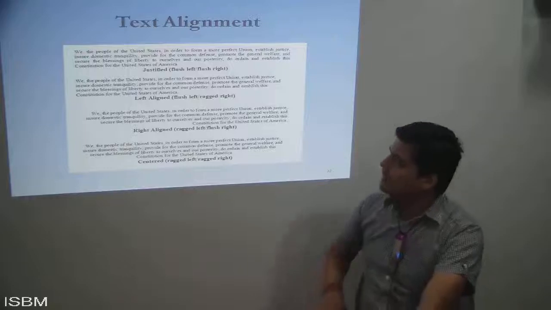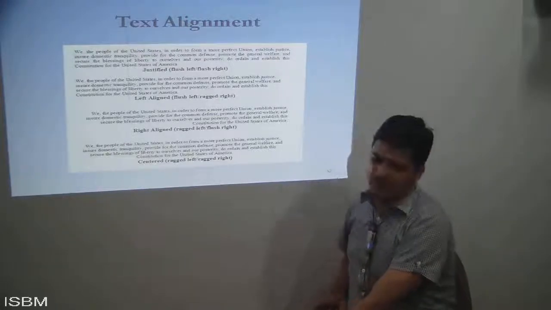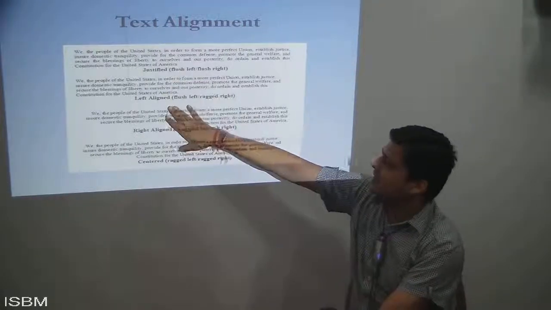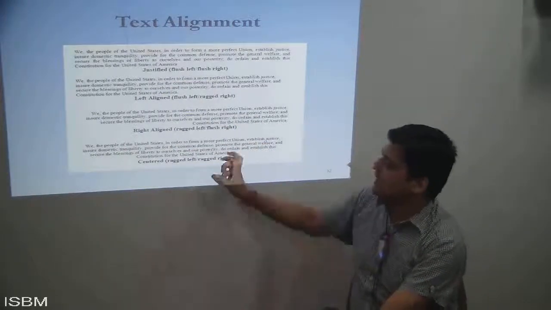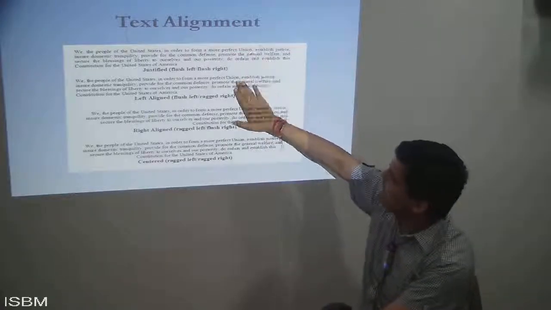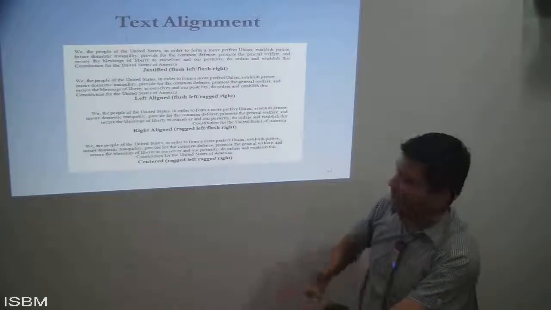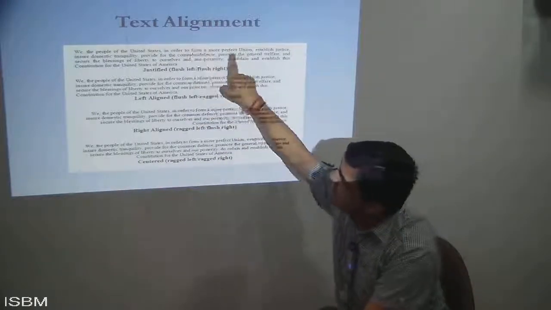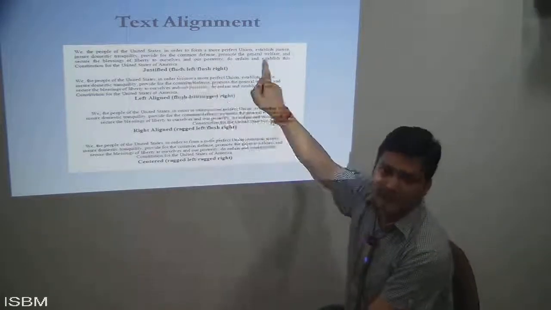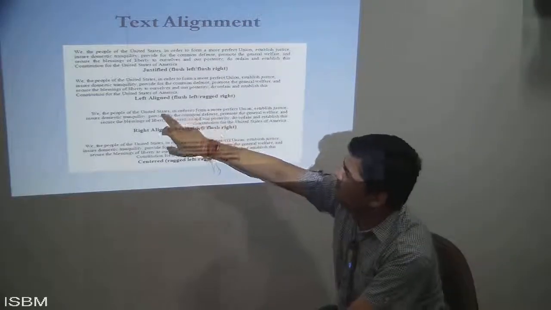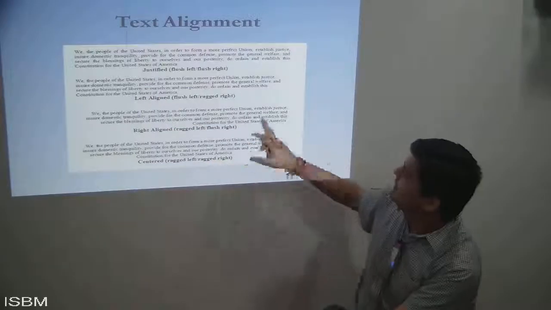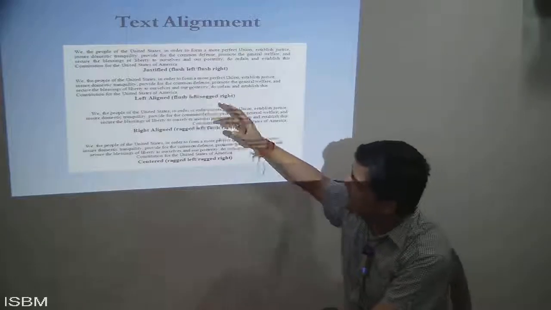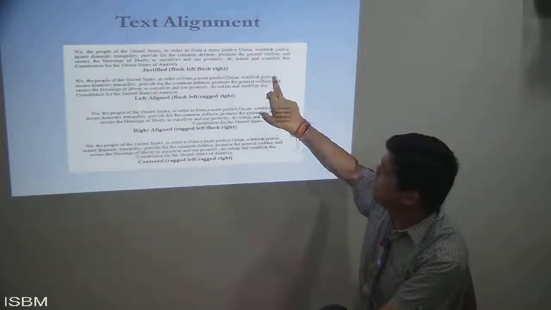Then text alignment. There are a lot of text alignment formats here, such as justified, flush left, flush right, left align, right align, center align. You can see each sentence has a different kind of alignment. This is flush left, flush right. See, this is a proper alignment, very proper while we are writing anything, which is called justified. This is left align. Left align means the text goes to the left side, but there is something different, the right side is not coming properly.